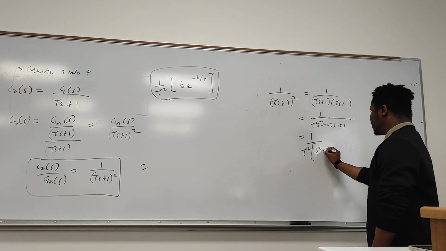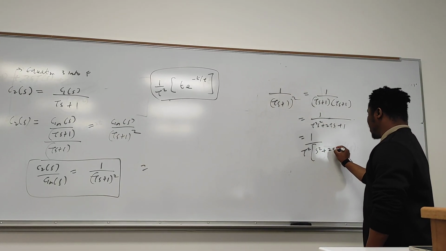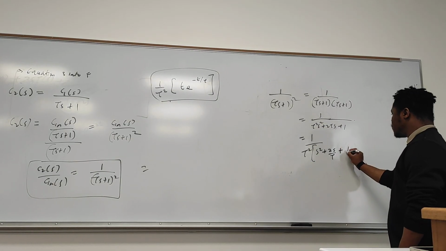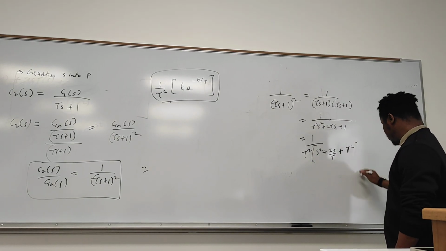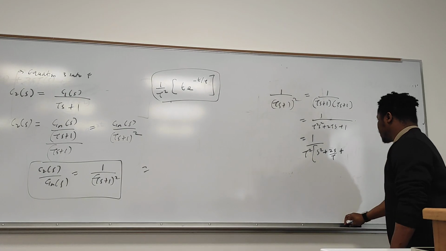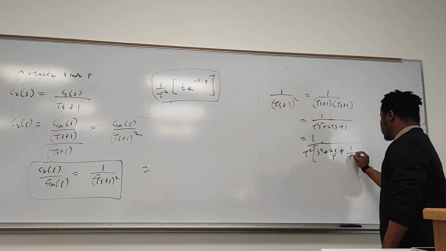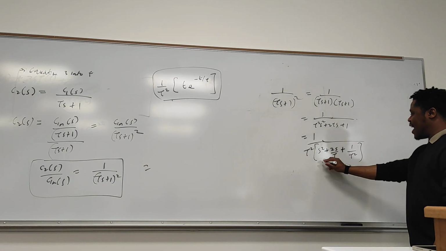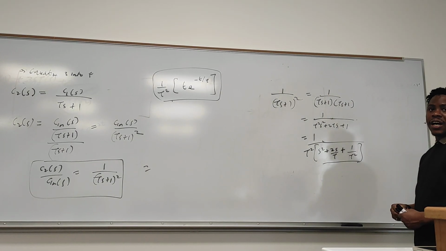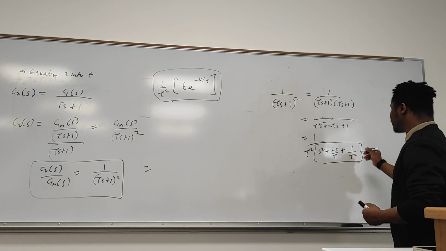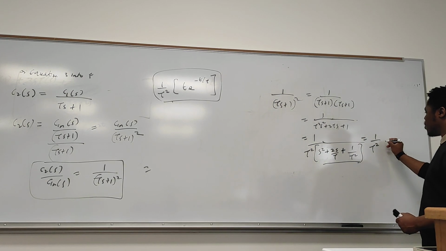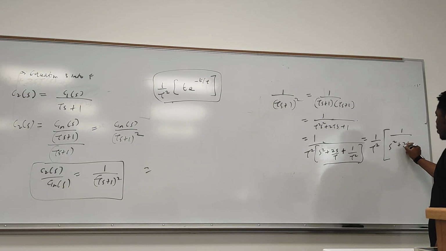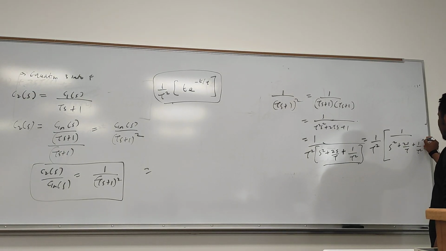Plus 2s over tau, then plus 1 over tau squared. Now you can factorize this. So this becomes 1 over tau squared, this is a constant now, times 1 over s squared plus 2s over tau plus 1 over tau squared.